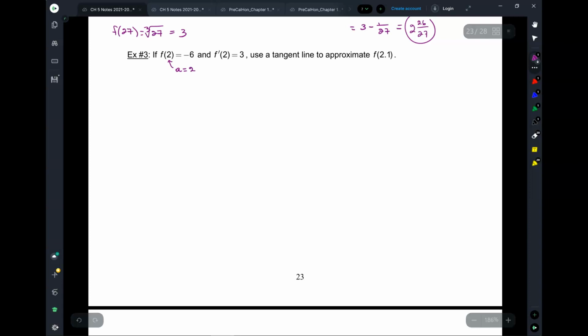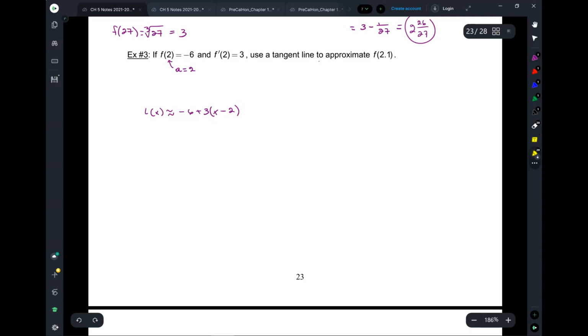We want to use a tangent line to approximate f of 2.1. So first I want my L of x approximation, and that's f of a plus f prime of a times x minus a. So tell me, what do I put down here? -6 plus 3 times x minus 2. Precisely.